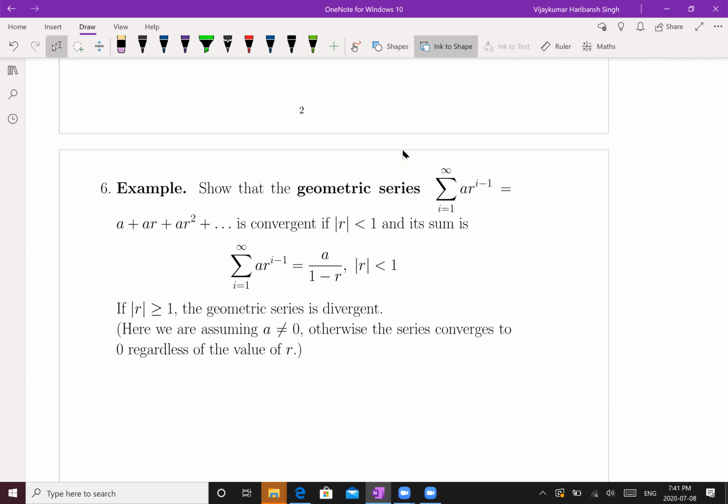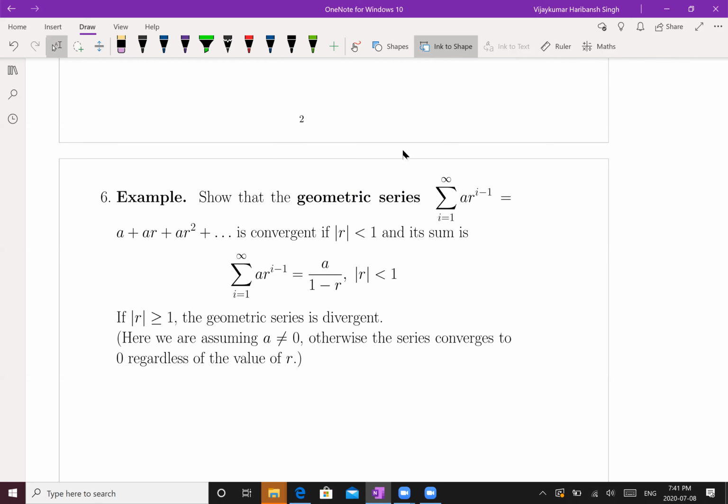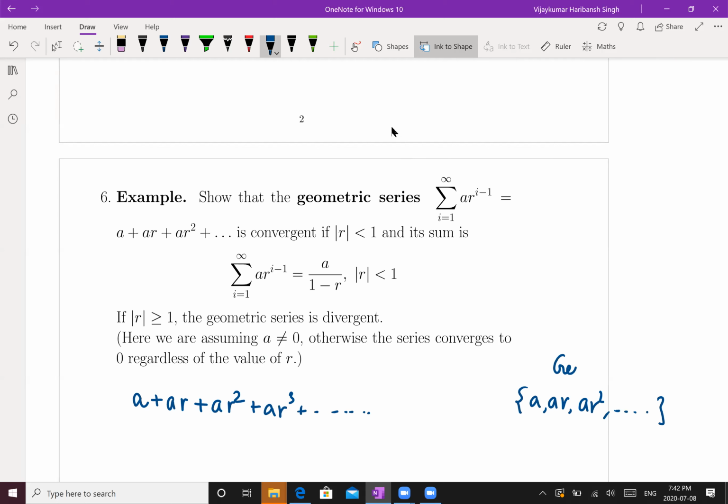A geometric series is basically: you have A, you have AR, then AR square, AR cube, and so on and so forth. Recall this was your geometric sequence, and when you add the elements of a geometric sequence, you get a geometric series.